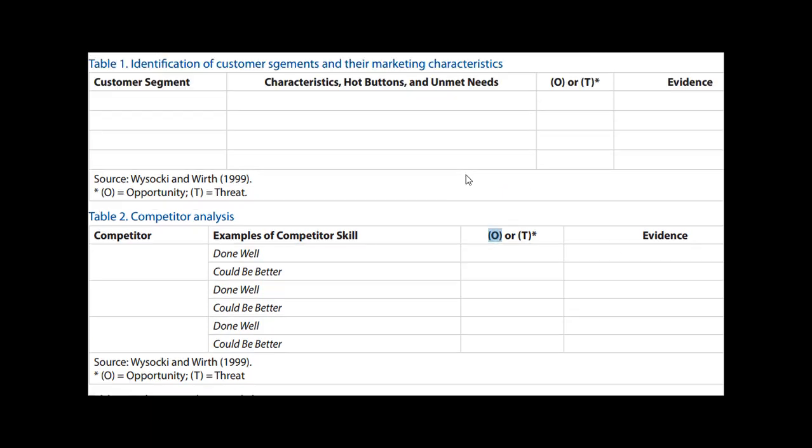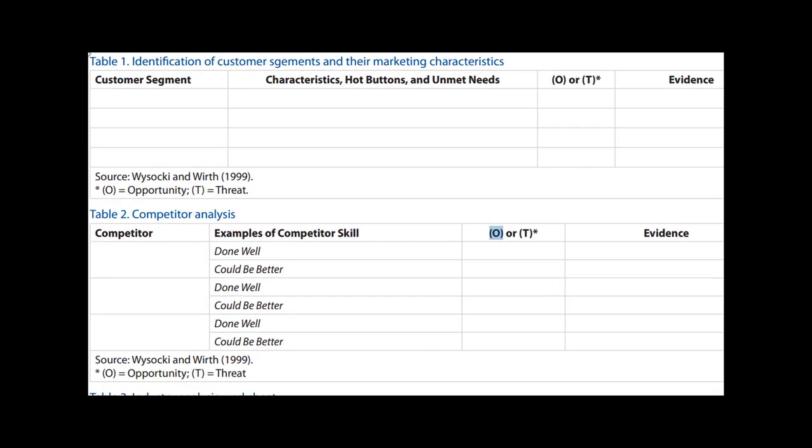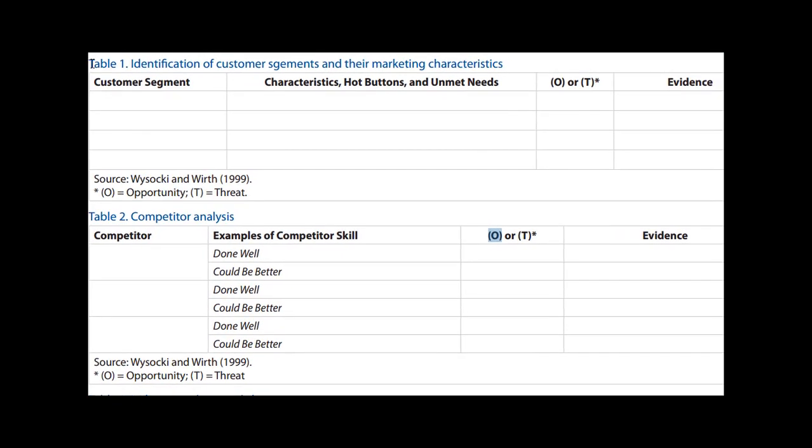So by completing these two tables, table 1 and table 2, we can talk about our customers and our competitors with evidence of how they can prove to be an opportunity or threat.